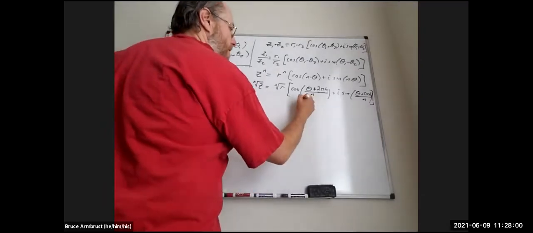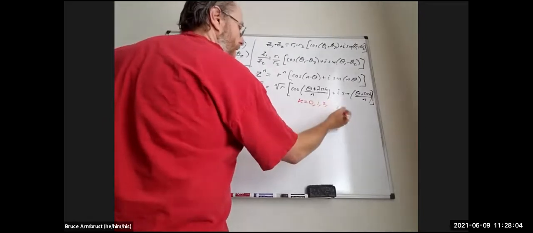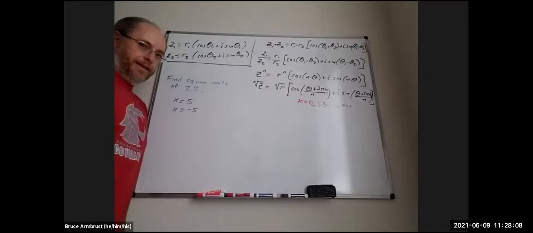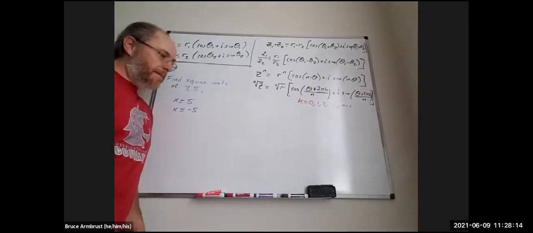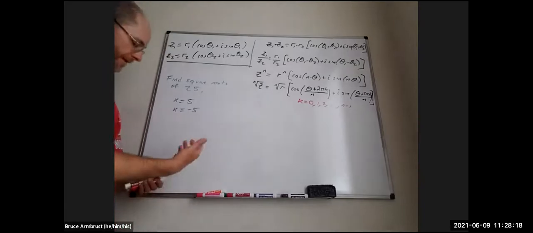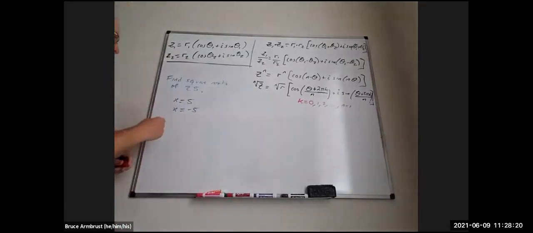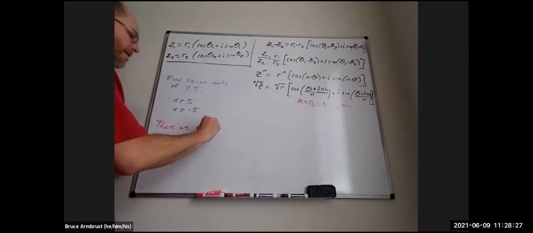So k is equal to 0, 1, 2, and so on. And as far as we're going to have to go is actually n minus 1. So whatever index our root is, we're always going to go 1 less. The reason we do that is because it turns out that there are n nth roots.